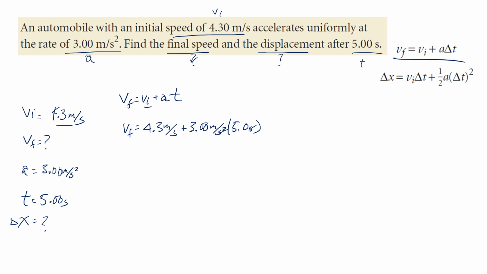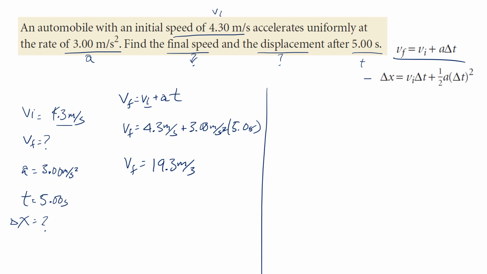Seconds cancel, so this is only meters a second. Our v final becomes, so I'm just going to type in 5 times 3, that's 15, plus 4.3. I got 19.3 meters a second. Great.